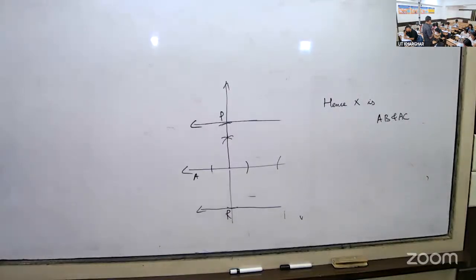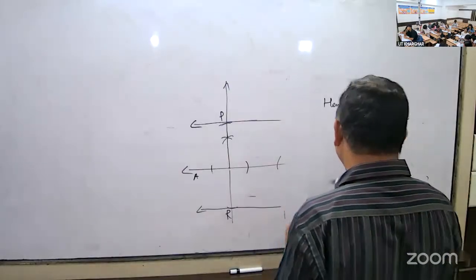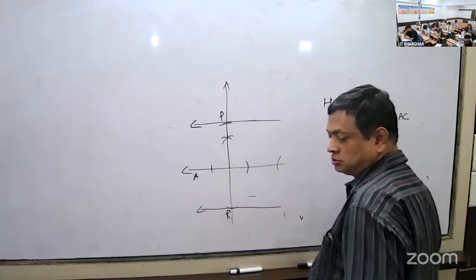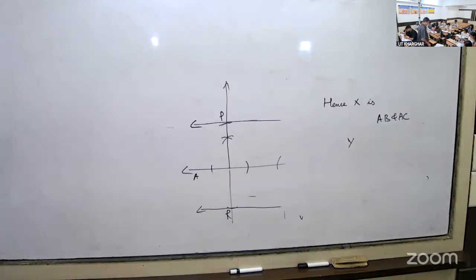Next, Y is a point on the perpendicular bisector. Hence, Y is equidistant from A and C.